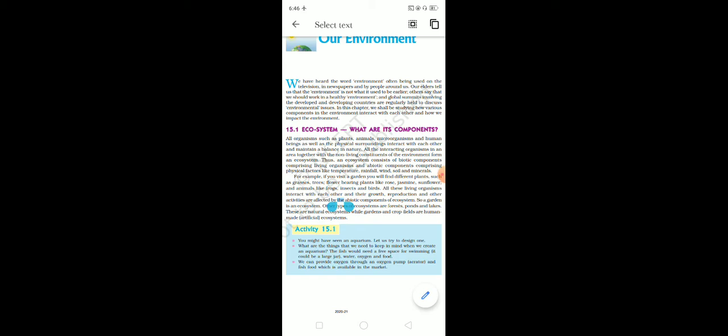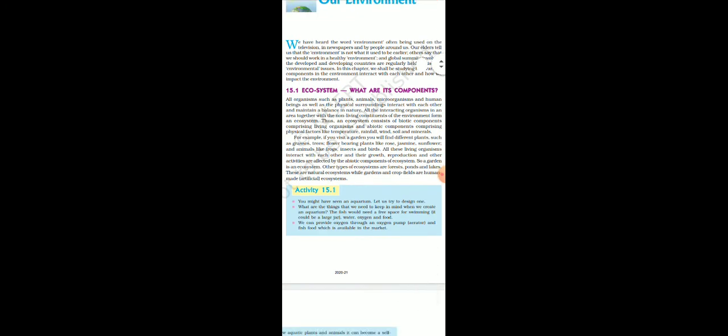the ecosystem. Thus, an ecosystem consists of biotic components comprising living organisms and abiotic components comprising physical factors like temperature, rainfall, water, wind, soil, and minerals. For example, if you visit a garden, you'll find different plants such as grasses, trees, flower bearing plants like rose, jasmine, sunflower, and animals like frogs, insects and birds.